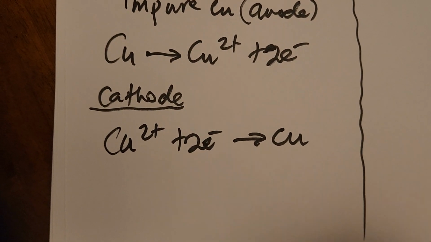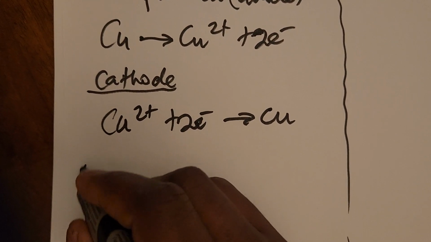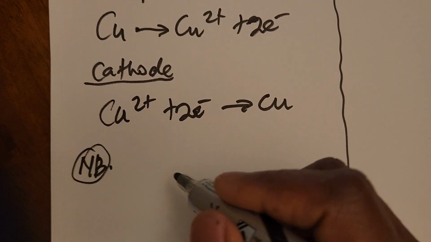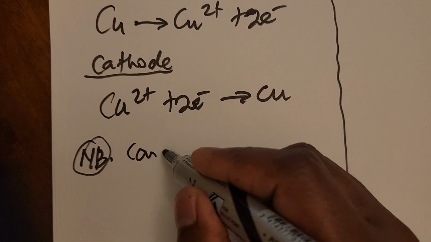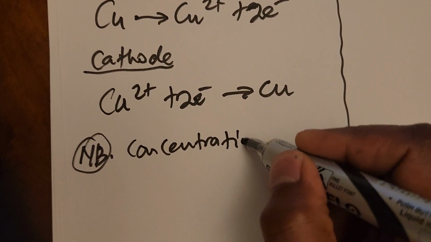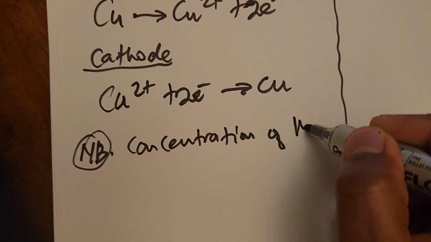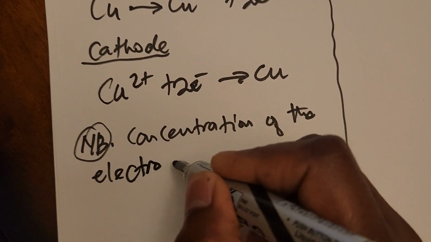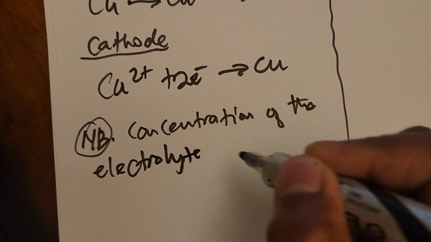In this case you have to note that the electrolyte will just be serving as a conveyor. The concentration of the electrolyte remains the same. Why?